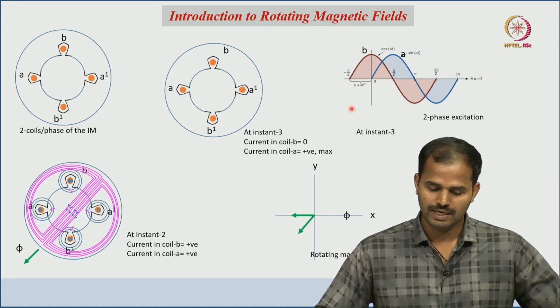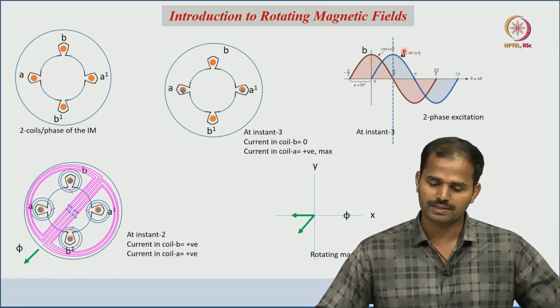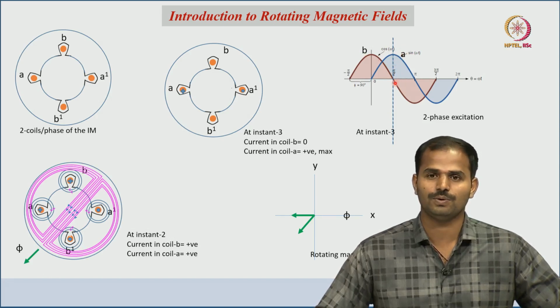Then if we change the instant from 45 degrees to 90 degrees, this is instant 2 at 45 degrees, and then instant 3 at 90 degrees, where the current to the A dash coil is positive maximum, and the B dash coil is 0.